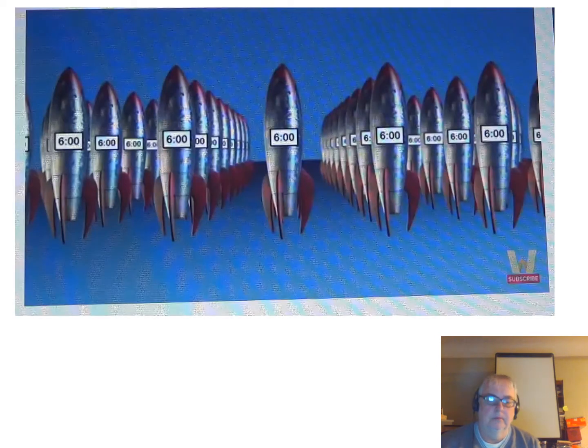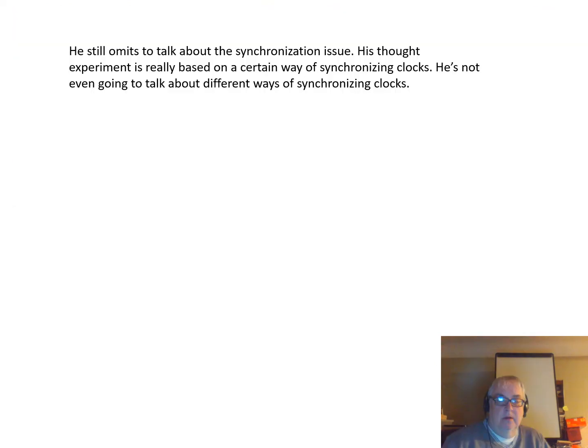That even as a thought experiment, you can't take robots, synchronize their clocks, and send them all throughout the universe. He still omits to talk about the synchronization issue. His thought experiment is really based on a certain way of synchronizing clocks. He's not even going to talk about different ways of synchronizing clocks.